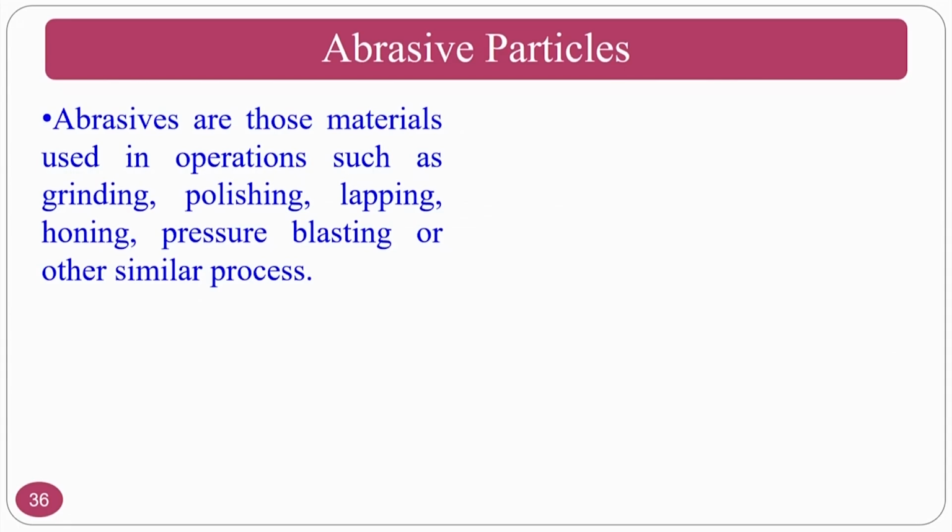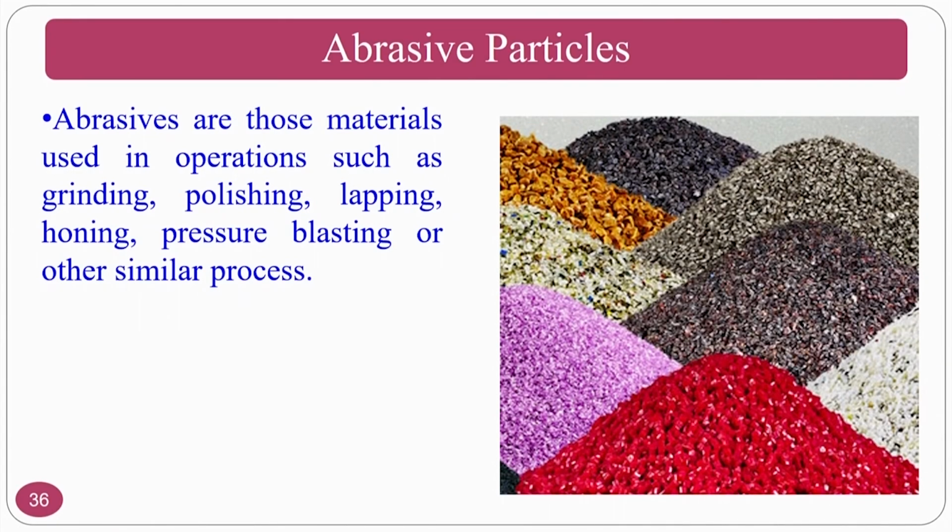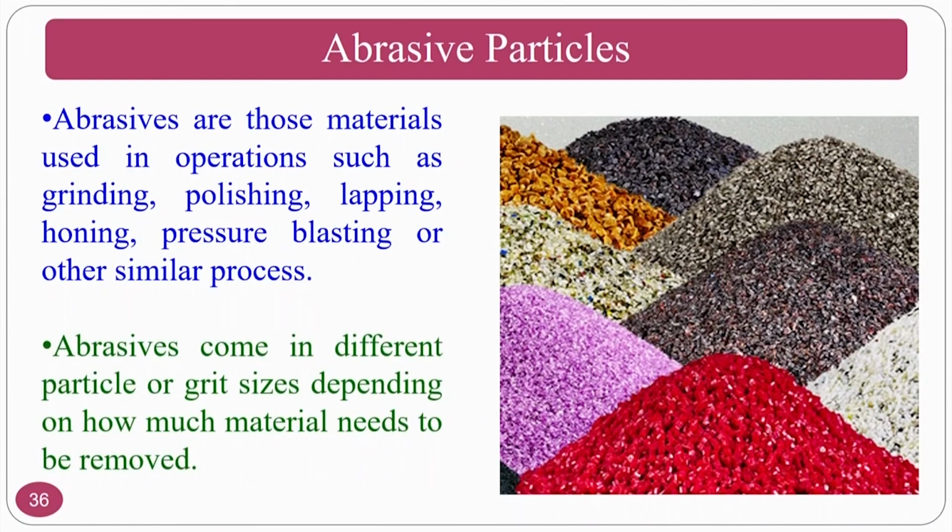Abrasives are those materials which are used normally. If you see here, normally in abrasive jet machining, the economical ones are granite, sand, silica. These are the types of abrasive particles used. Abrasives come in different particle sizes, that is the grit sizes, depending on how much material you want to remove. If the material removal is very high, you have to go for coarser ones.